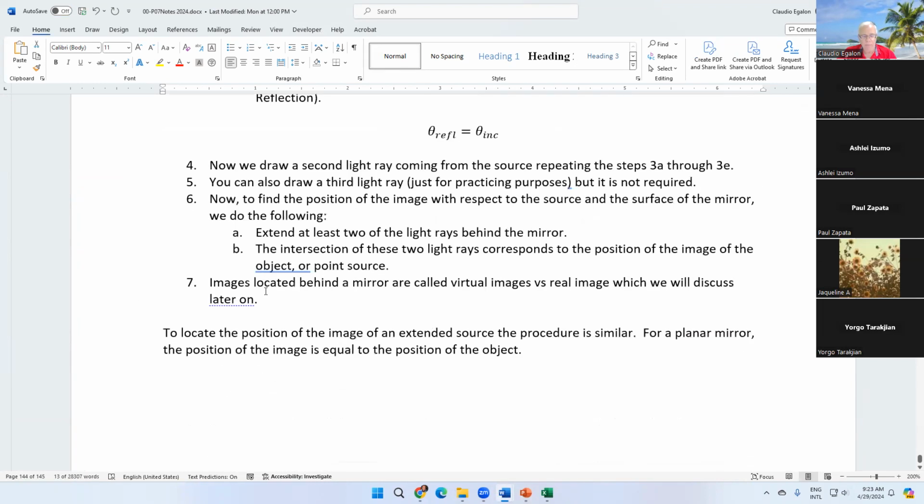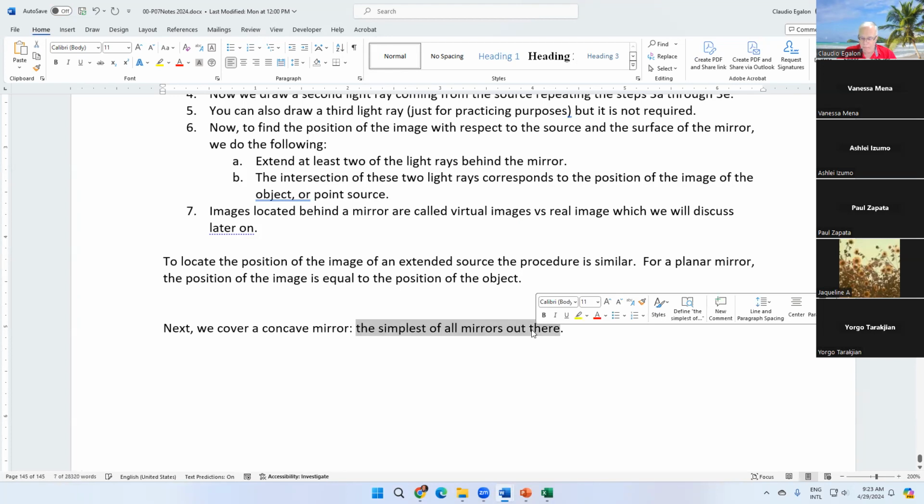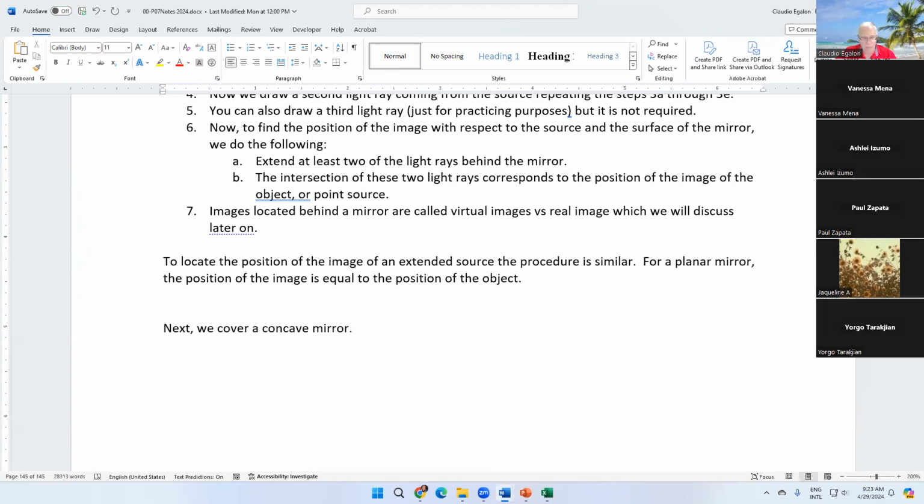Next, we cover a concave mirror, a spherical concave mirror. Spherical, very, very important here.